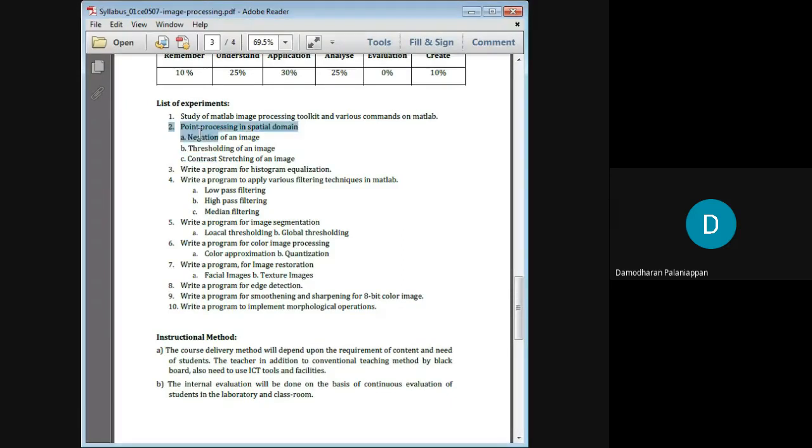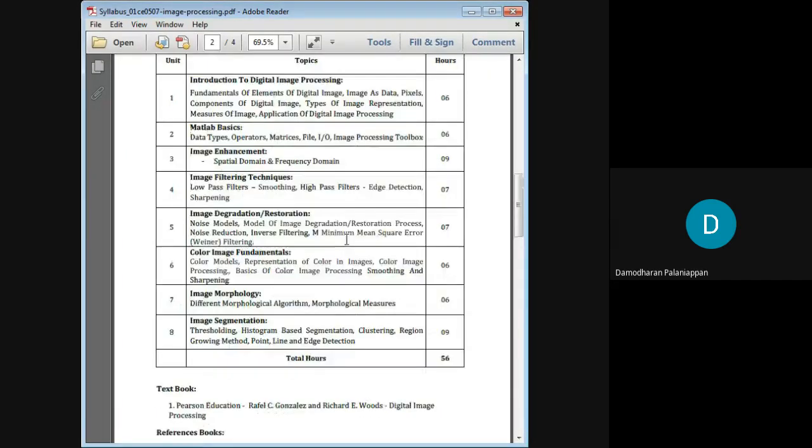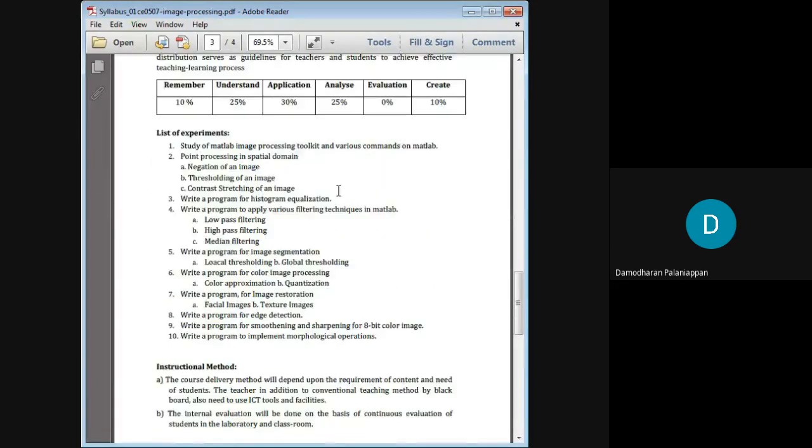From this weekend, we will be able to complete this experiment also. Up to this, I'm concluding that chapter 1 is completed. In your laboratory lecture, the first experiment is completed, and in the second, 25% is completed. The remaining will be seen in the consecutive classes.